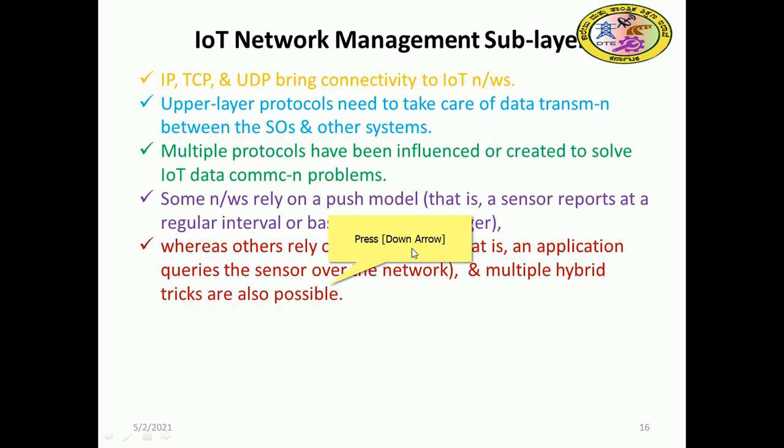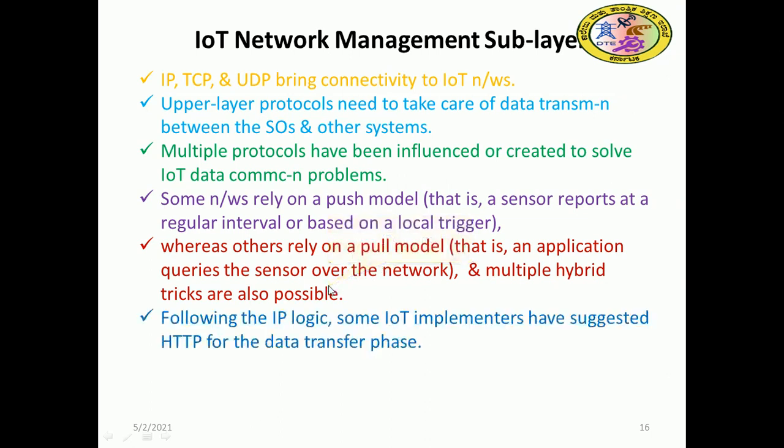The push model is the converse of that: the sensor reports at regular intervals to the higher side, that gateway. In the pull model, we have to ask, and the sensors will send the data query based. Multiple hybrid tricks are also possible.